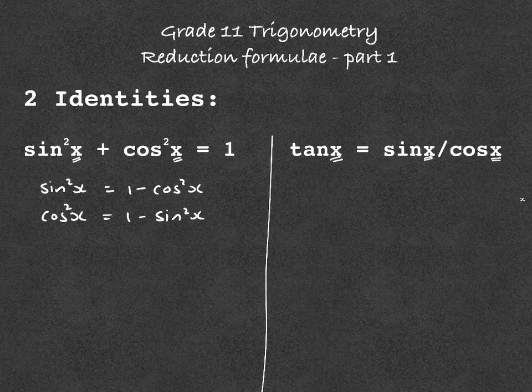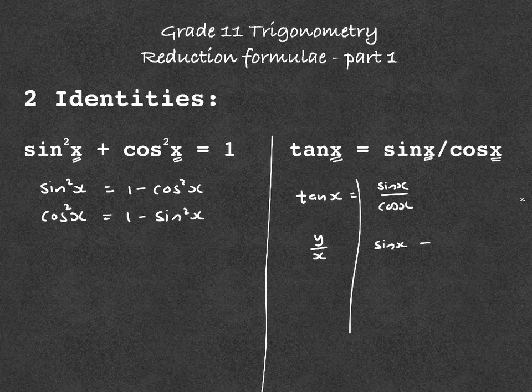Okay, the second one, tan x is equal to sine x divided by cos x. Why is that the case again? What is tan x equal to? Tan x is equal to y over x, right? Opposite over adjacent. Good. And what is sine x equal to? Okay, so here we've got sine x divided by cos x.